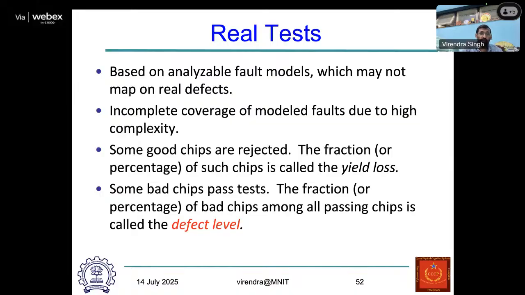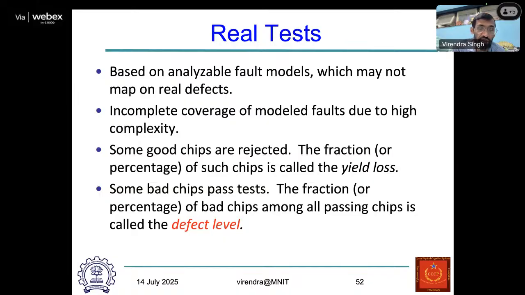However, if bad chips, because of your bad process, are slipping through and go to the market, those defects would be uncovered after a while when the chip is operating in the market, and they will send you back, and that will increase something called the defect level.